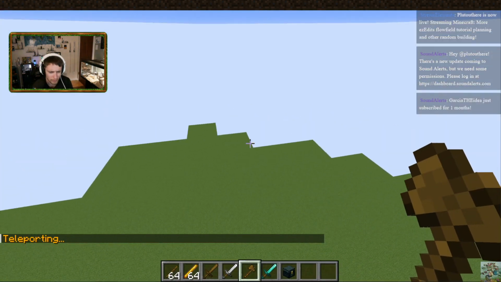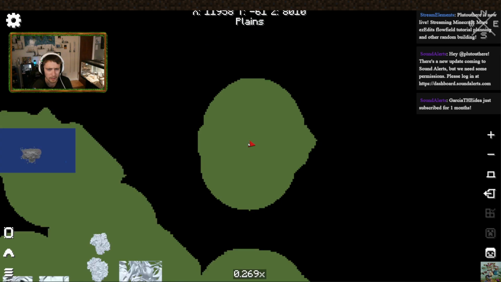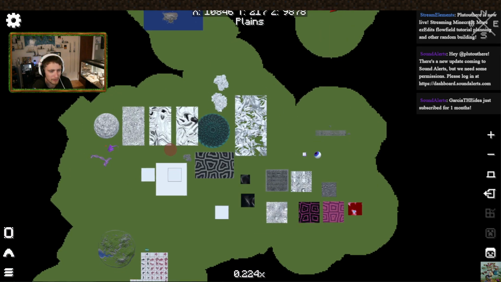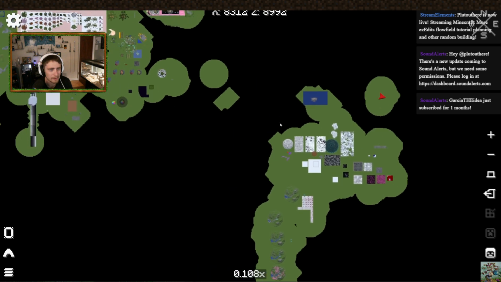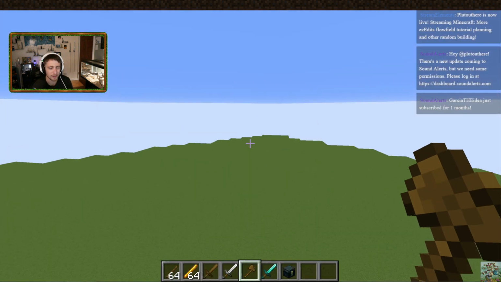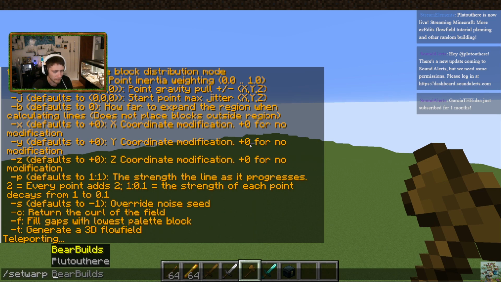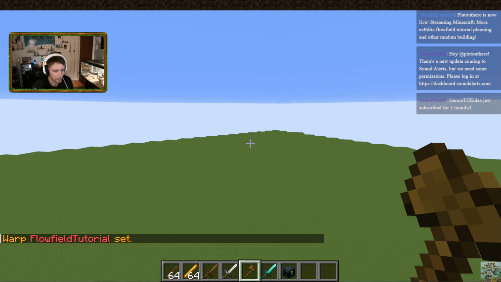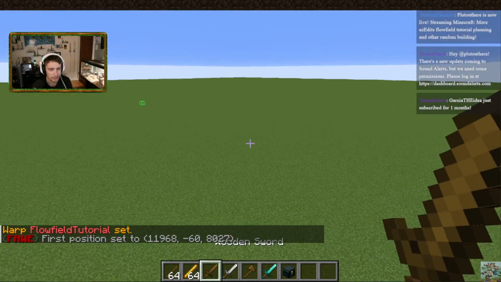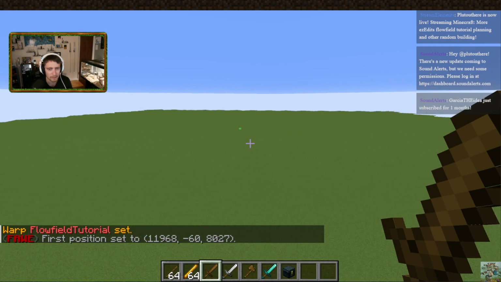Did I get rid of them all? Where did I actually put them? Now I'm not remembering where I was in the world. I should probably have set a warp or something. All right, well, let's just be out here. Let's go set warp flow field. That way I don't lose this place, hopefully. And then we'll just kind of make ourselves a box here.